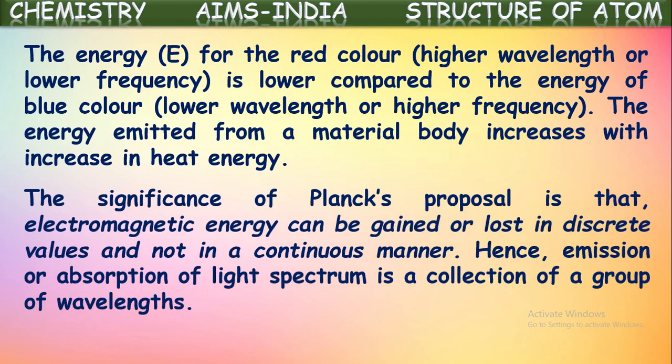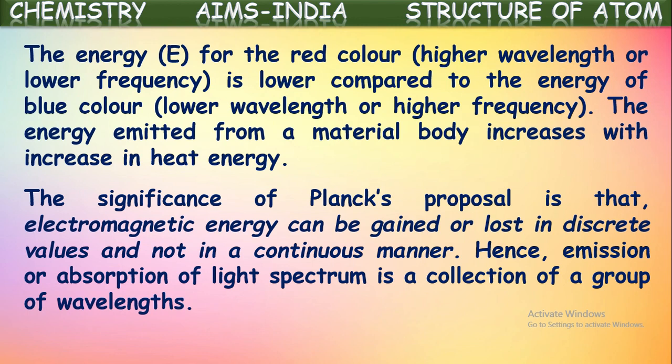The significance of Planck's proposal is that electromagnetic energy can be gained or lost in discrete values and not in a continuous manner. Yes, Max Planck proposed that electromagnetic energy can be either gained or lost by substances in discrete values, but not continuously.